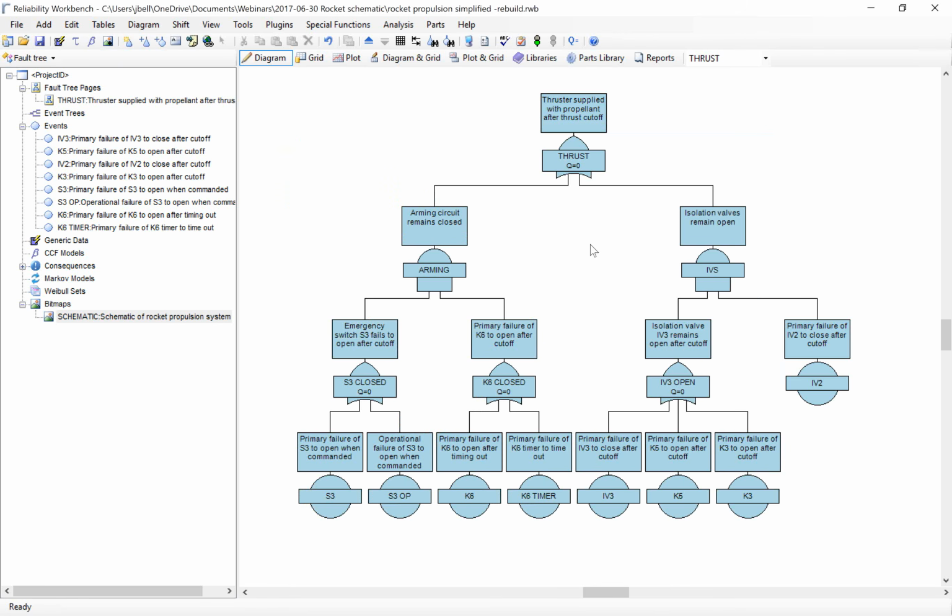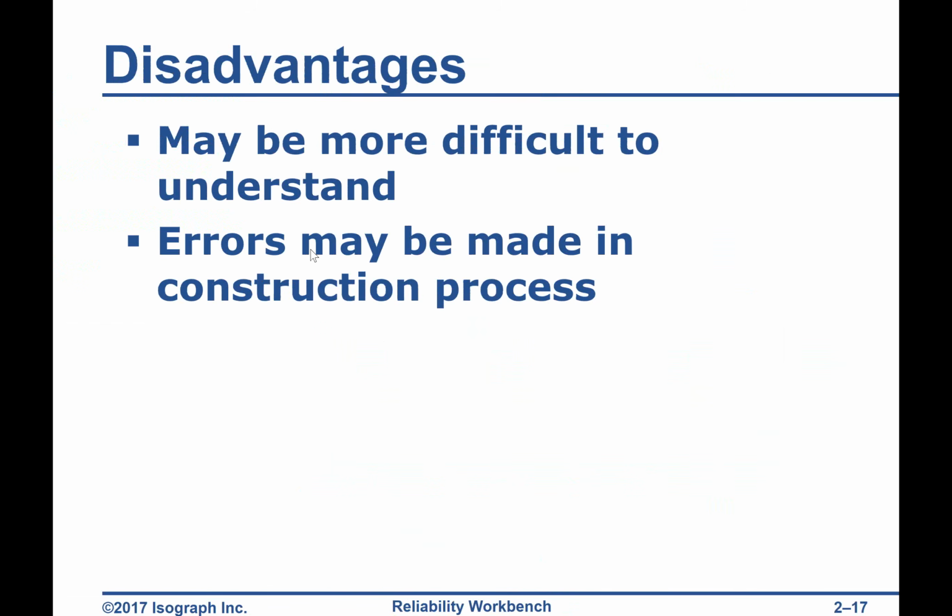Next thing we're going to want to do is quantify this tree, and for that, we'll need input values. Firstly, there's a couple disadvantages to that simplification process that I want to point out. One is it might be more difficult to understand how you arrived at the logic, because it no longer is a top-down deductive fault tree. So it might not be immediately obvious that you've accounted for all possibilities.